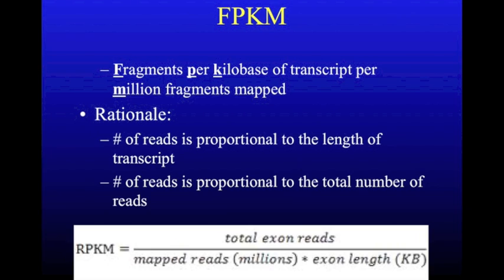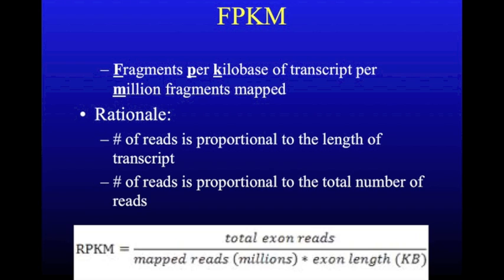The full name of FPKM is fragments per kilobase of transcript per million fragments mapped. It takes into account the fact that the number of reads is proportional to the length of the transcript, as well as the total number of reads. Therefore, after such calculation, we could compare the transcript abundance across different transcripts and also different experiments.